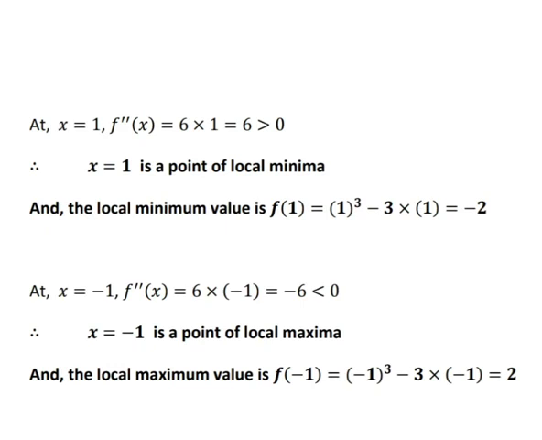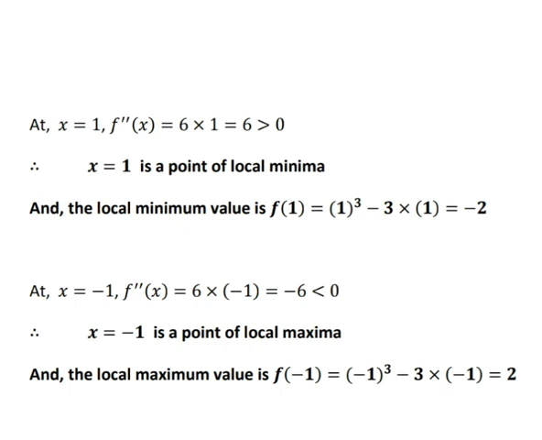Now let us see at the second critical point, that is x equal to minus 1. So putting x equal to minus 1 in the expression of f double prime of x, you'll find that you get a value which is minus 6, and this is less than 0. So whenever you get less than 0, always we should understand that x equal to minus 1 is a point of local maxima.